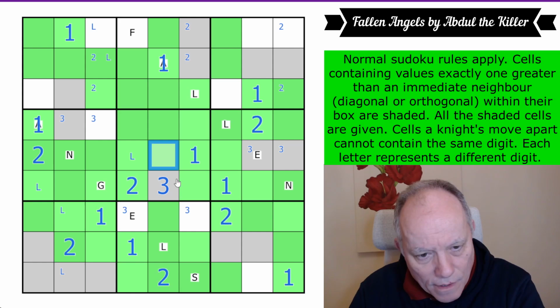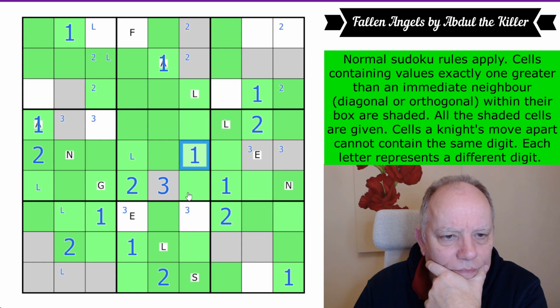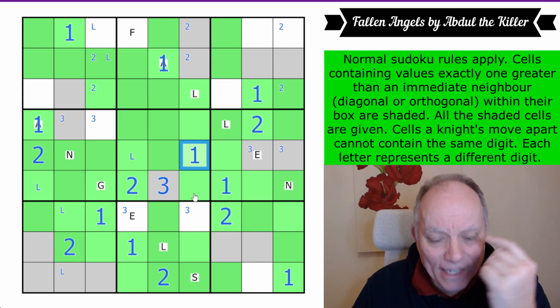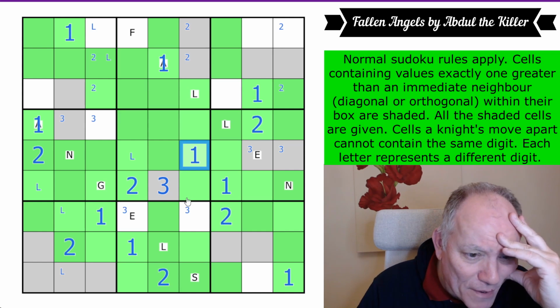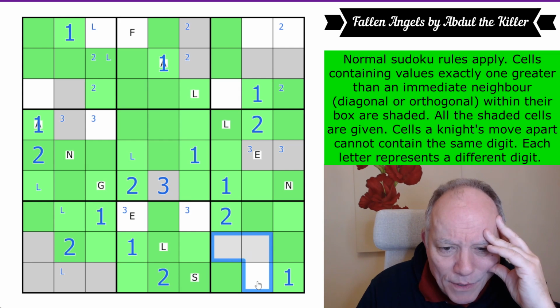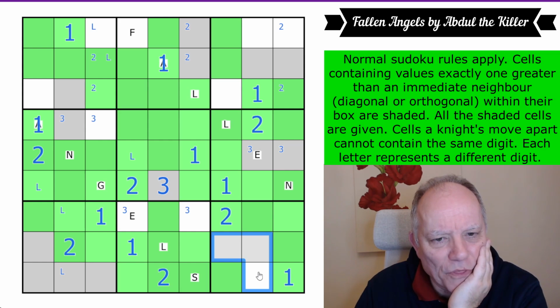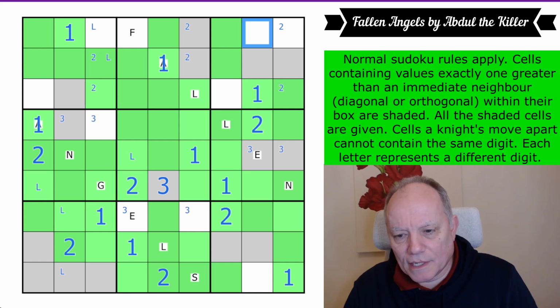So... I'm getting a bit stuck. That's annoying. I don't really want to have to move on to 4s without having a bit more info about 3s, because if I have to pencil mark all these remaining cells that aren't green as possible 3s, well, those 3 all see that cell, so that's gone at least.